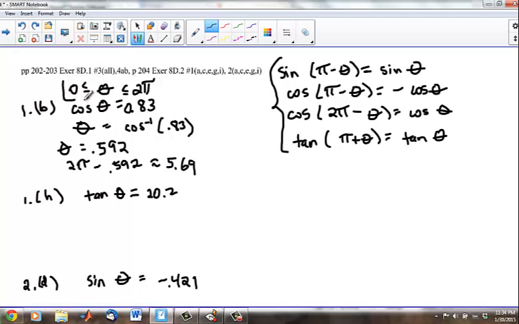And the restriction on theta is it has to be between 0 and 2 pi, and 2 pi is approximately 6.28. So we have two angles. We have 0.592 and 5.69.